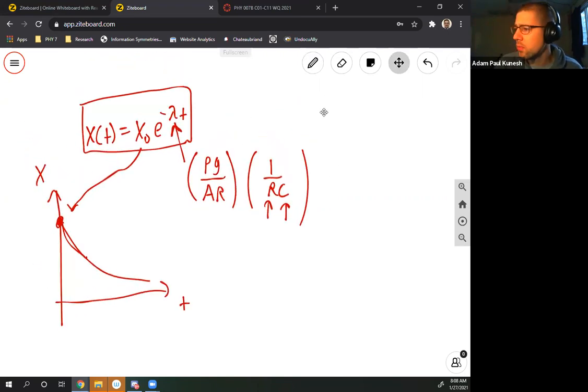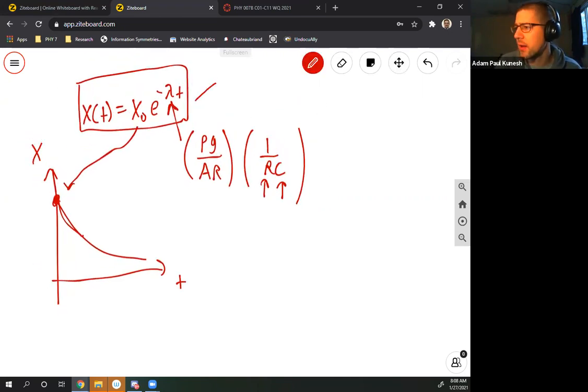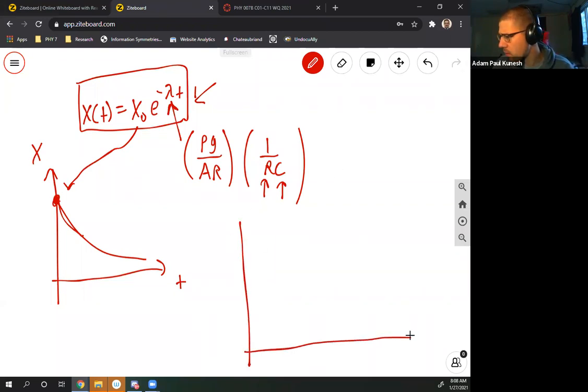The other one to know is kind of like level 1 exponential decay. This function always decays to 0 as long as lambda is positive. The other one to know is the finite asymptote.